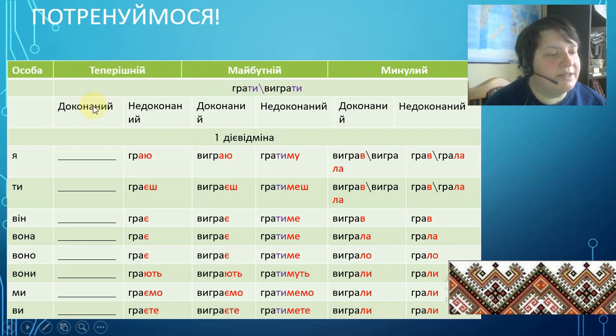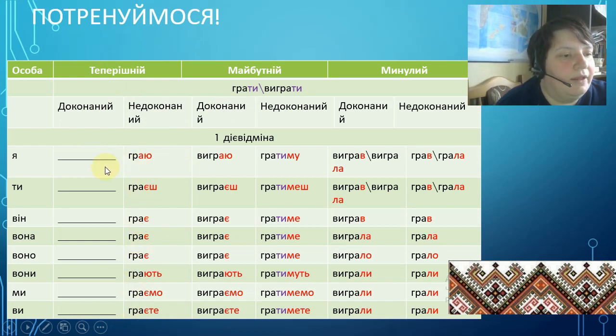Again, in present tense we don't have perfective state, we have only imperfective state here. For example, you can see all the endings. Я граю, I play, ти граєш, you play, він грає, he plays, вона грає, she plays, воно грає, it plays, so you see that він, вона, воно, the ending is the same.